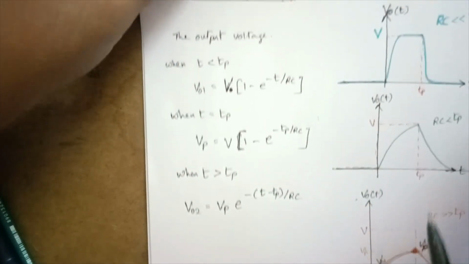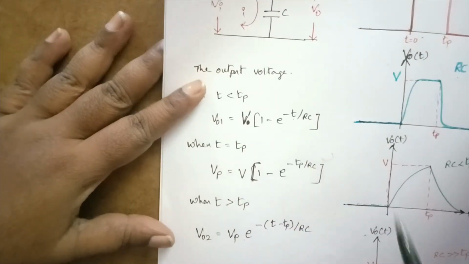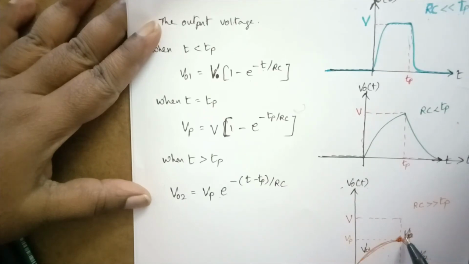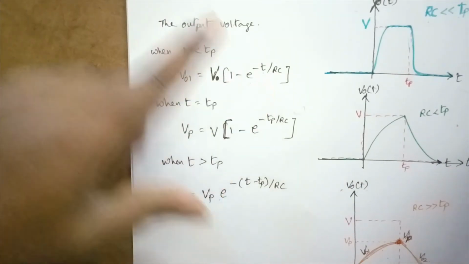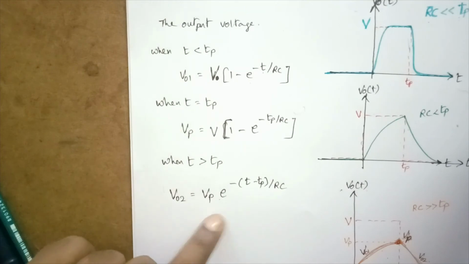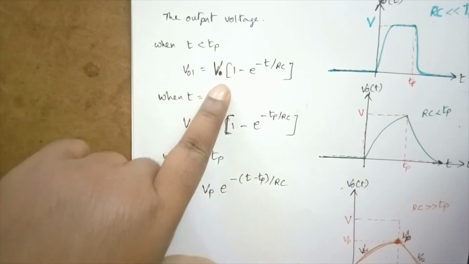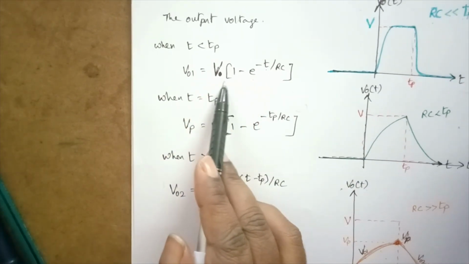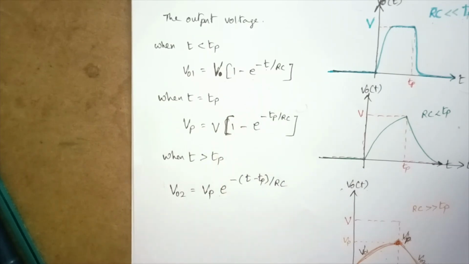If you observe these equations, for the exponentially increasing function we get 1 minus e power, and for the exponentially decaying function we get directly e power.